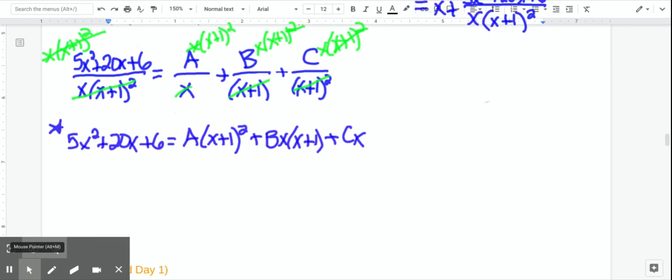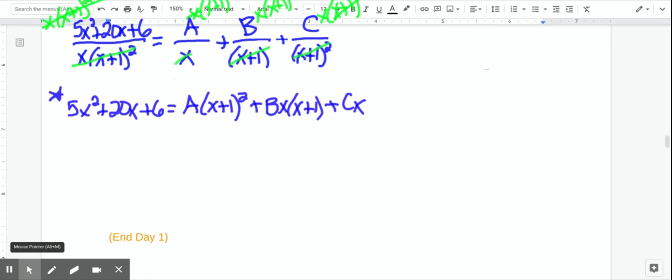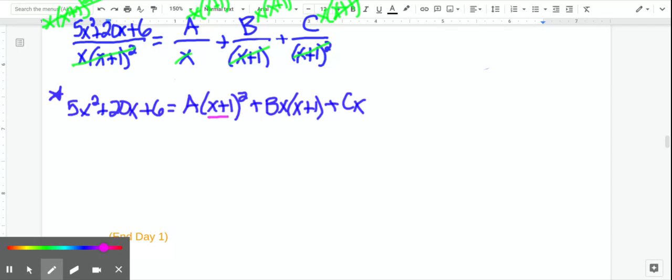Let's see, I might need a little more space to work here. Okay, so now we're going to pick easy things to plug in for x. I guess we can start with -1. Now, for the sake of space, I might do some of this in my head, but I'm plugging in -1 into all of these x's.